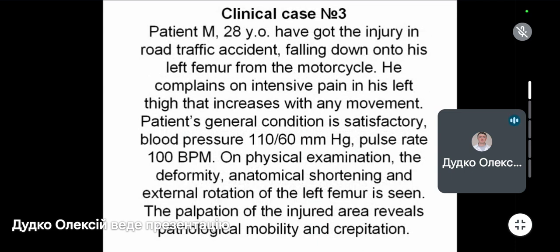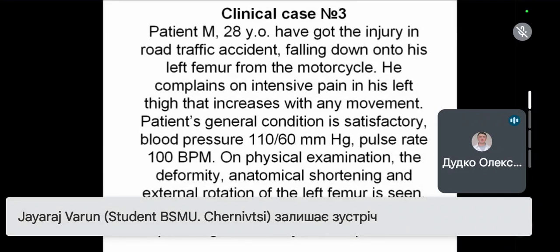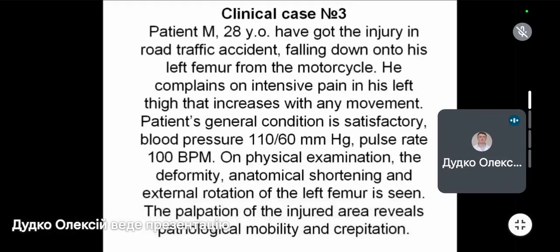So this clinical case is already on the street. Yes, so it was a car accident, and you see that the patient fell down from the motorcycle, and the force was applied directly to the femur. That's in the case data, and you may also ask the patient.